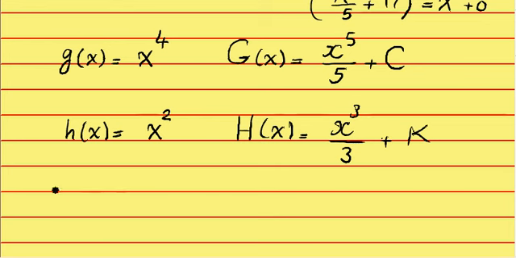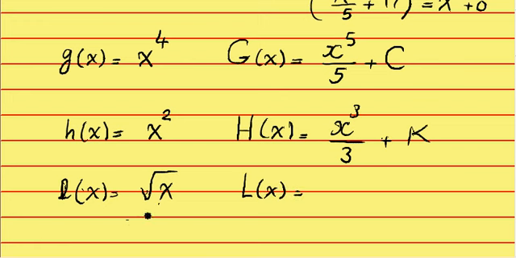Let's try one more. Suppose I write say L of x is equal to square root of x. So what would be the name of the antiderivative? Antiderivative of this is going to be called capital L of x. And what is that?